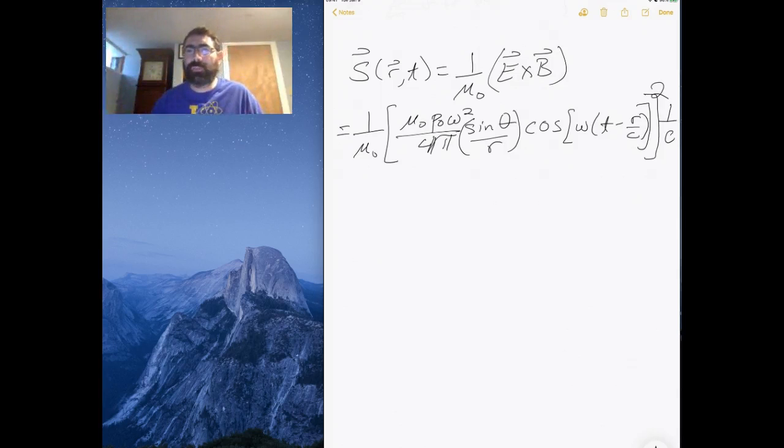Now there's the 1 over c factor between them, and the cross product is only now between their vector directions. So it's theta crossed phi.